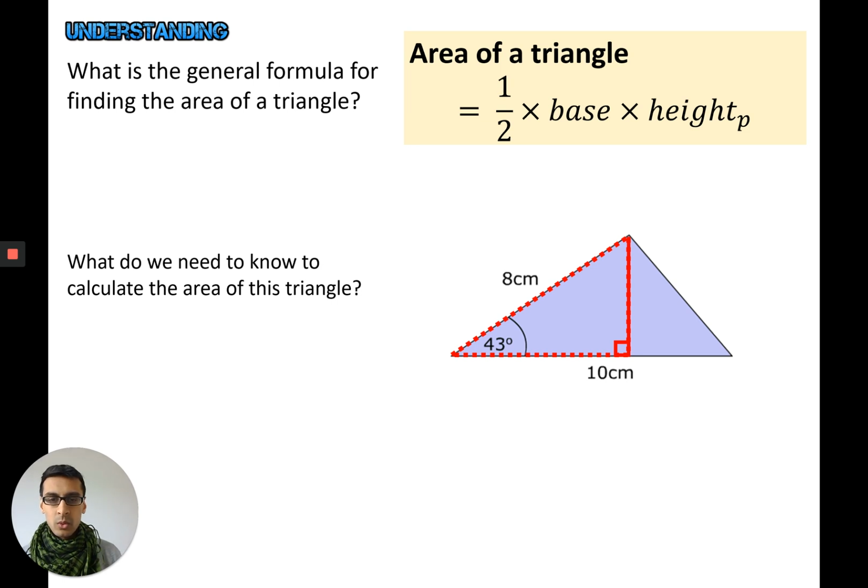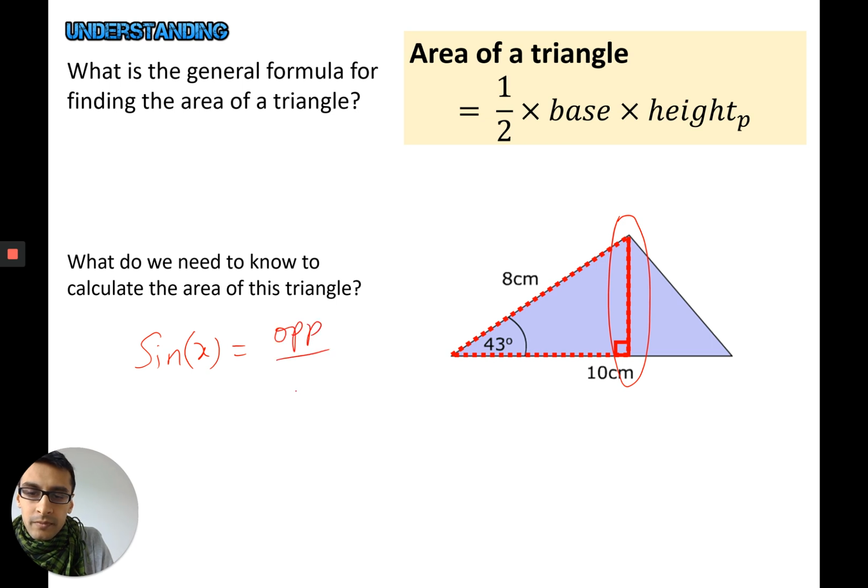Okay, so actually we can work out the height here because we have two side lengths and an angle. So we can actually use SOHCAHTOA to do that. So to work out this length, we know that sine of x equals opposite over hypotenuse. In this case though, sine of 43 equals opposite.